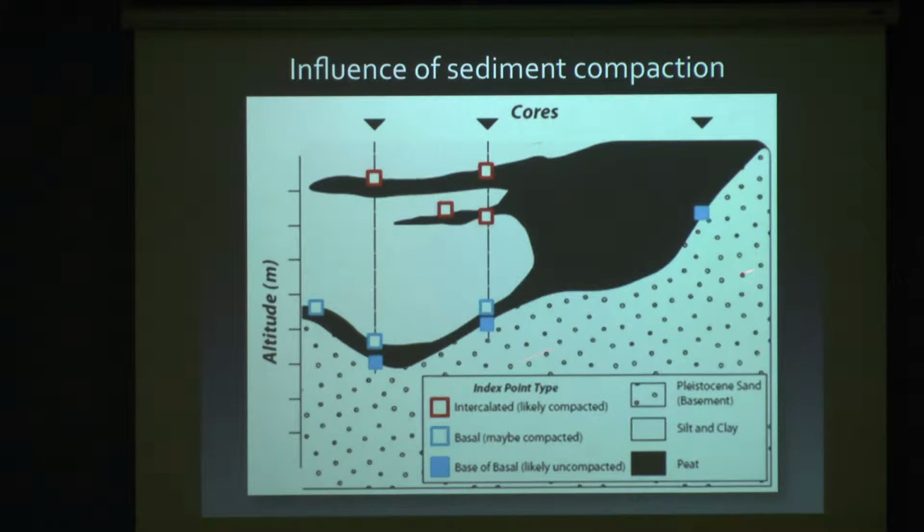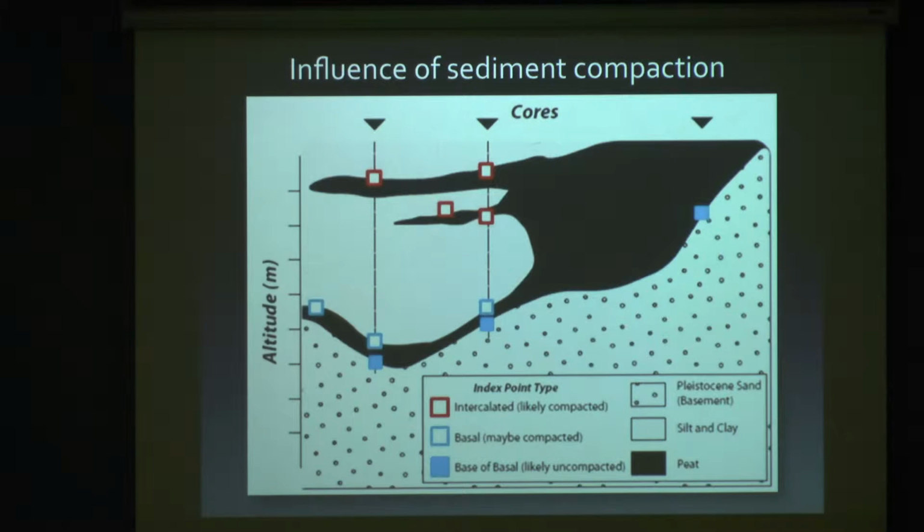We have basal index points, which come from a peat sequence that overlies an incompressible surface, in the Caribbean usually limestone bedrock. It's believed that these samples experience minimum effects from compaction. Then we have our intercalated samples, which are peat samples that form interleaved between two clastic sequences, and we believe that these types of samples experience the greatest effects from sediment compaction.